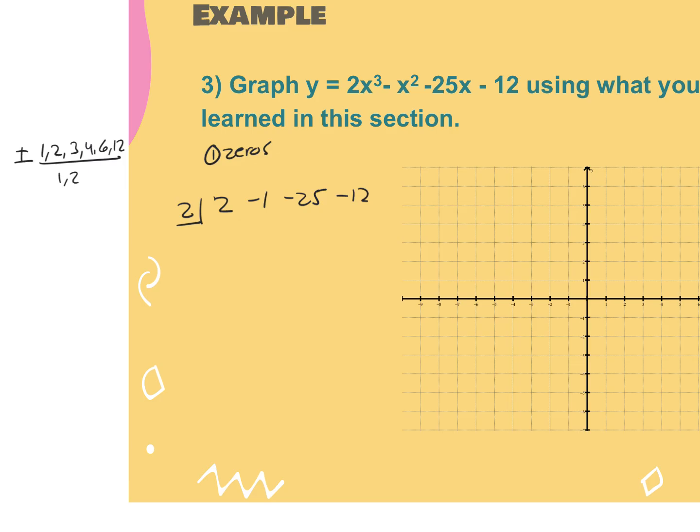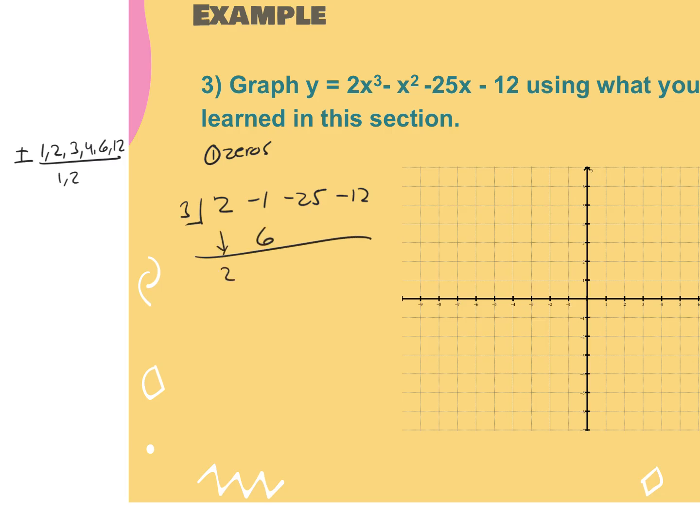So let's try -2. 2, -4, -5, 10, -15, 30, and that doesn't get you 0. Great, let's try 3. You can see this process gets pretty tedious.